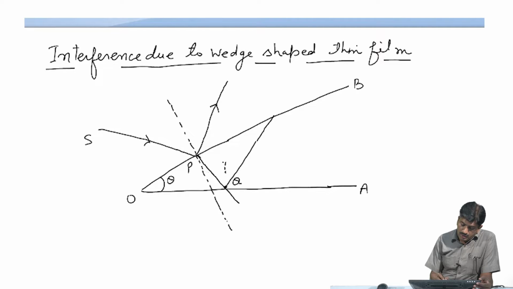At point Q, draw a perpendicular like this, and also draw a perpendicular which passes through this point.